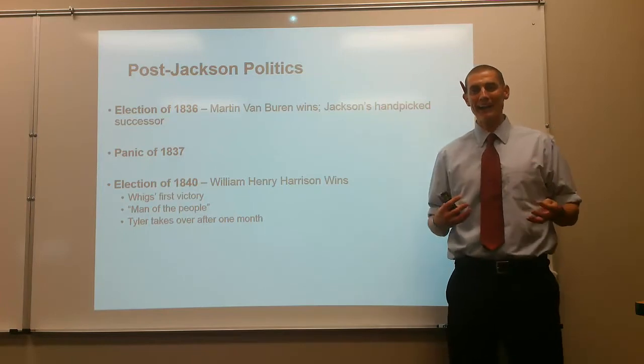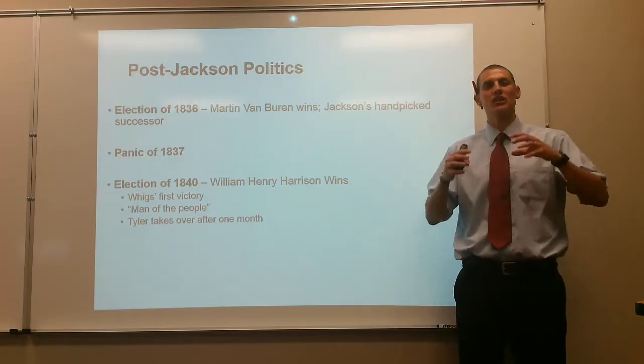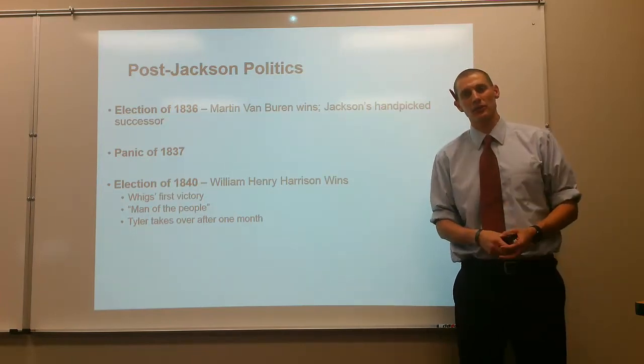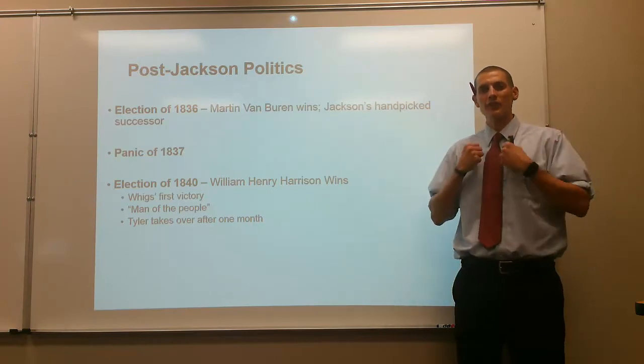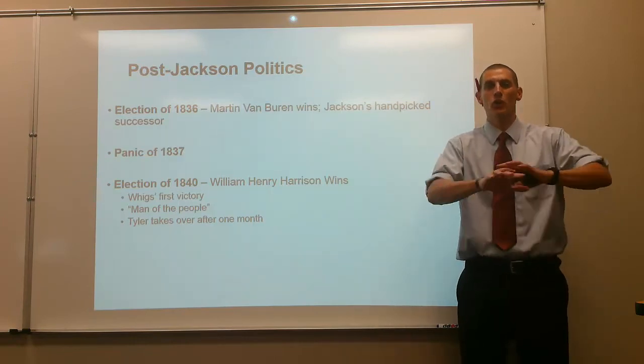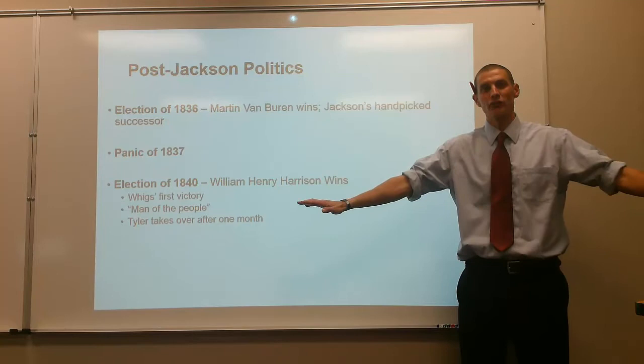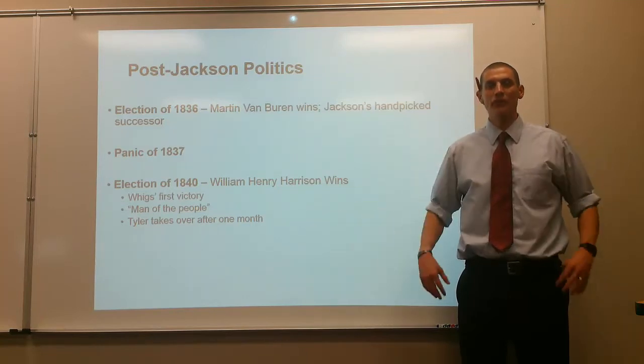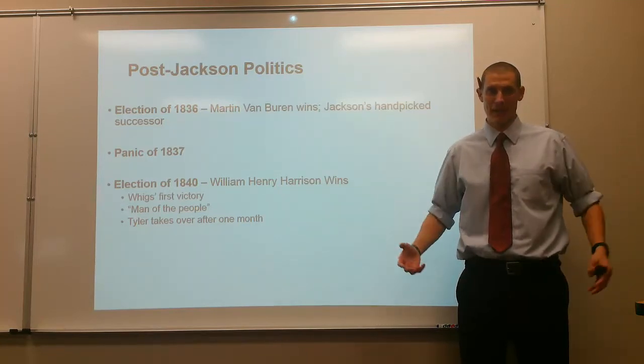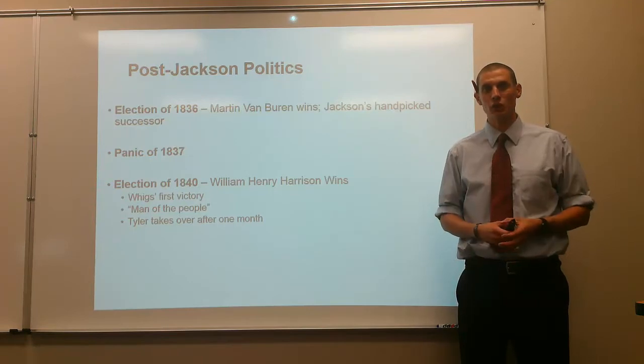The state banks: when Jackson shut down the Second Bank of the United States, he took a lot of the deposits and put them into various state banks throughout the United States. But there's no oversight on these state banks. There's no one checking in to make sure that they're being responsible with their money.